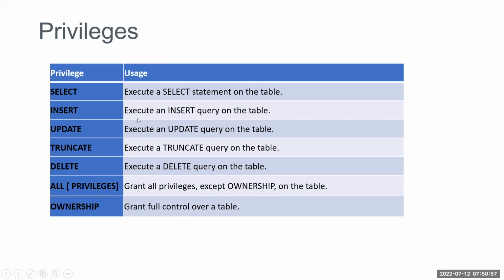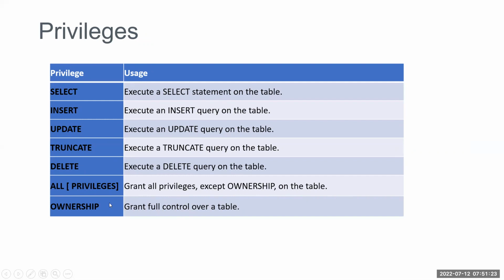So they can insert the data, update the data, truncate the data, delete the data. And for any user in a development environment, in general, what we do is give all the access to the developers. In that case, no need to specify each and every privilege, no need to write 5 queries. We can simply grant all privileges to that table, to that user.